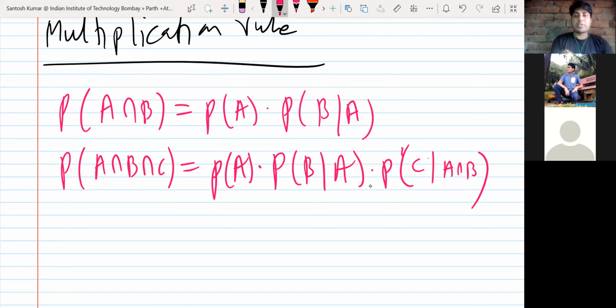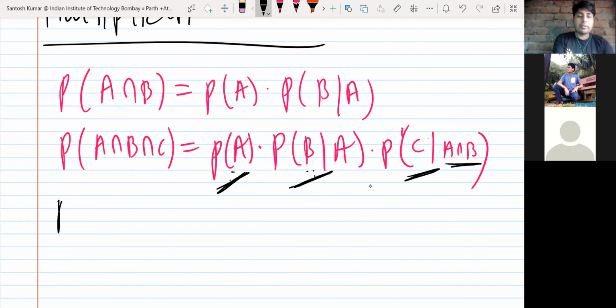It means A and B both have occurred. You take the probability of A, then B when A has occurred, and then C when A and B both have occurred. Similarly, you can write for 4, 5.